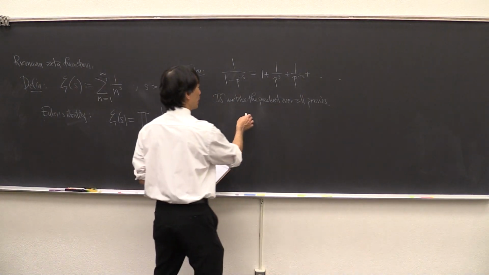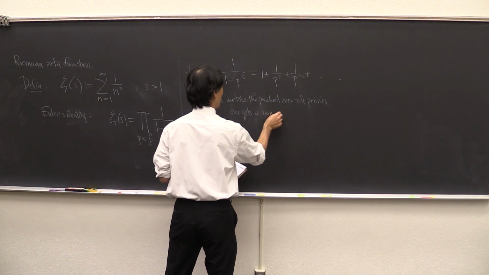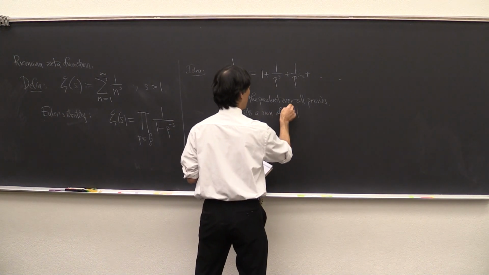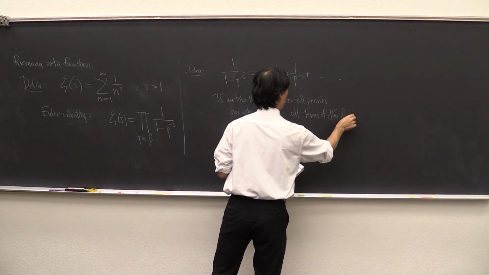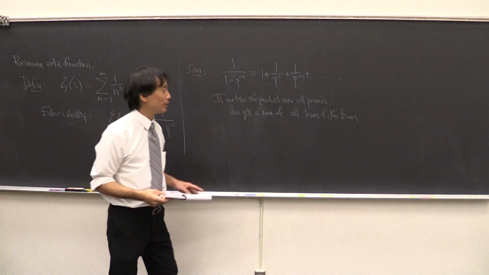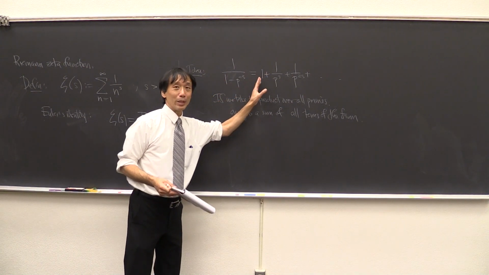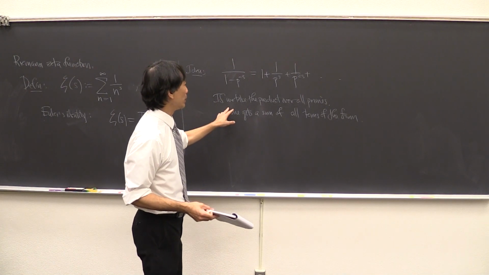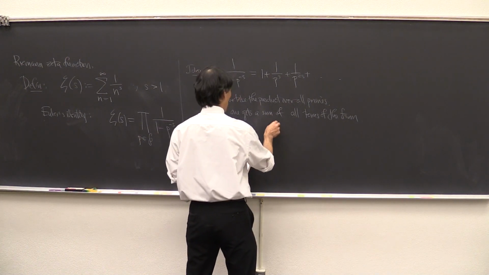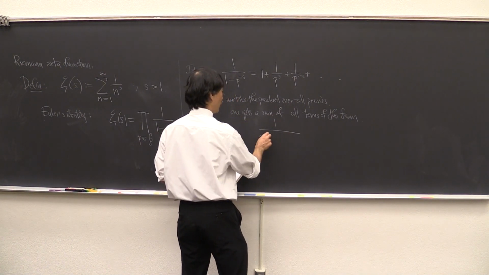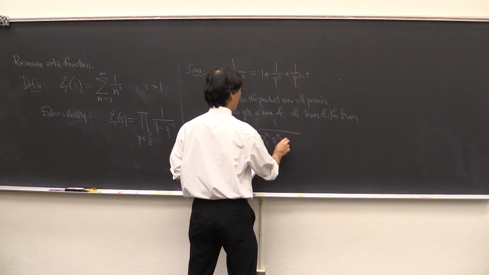One gets a sum of all terms of the form, and this is not rigorous, but if you took an infinite product of this infinite series, you would get a sum of all terms of the form 1 over some prime to some power times some other prime to some other power.